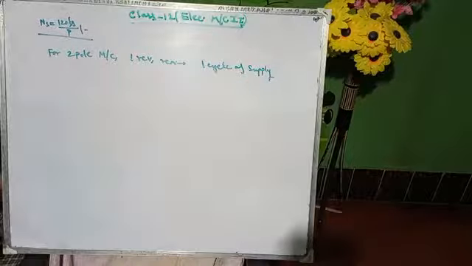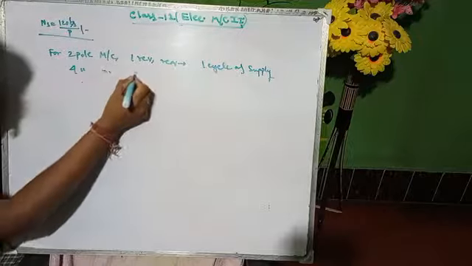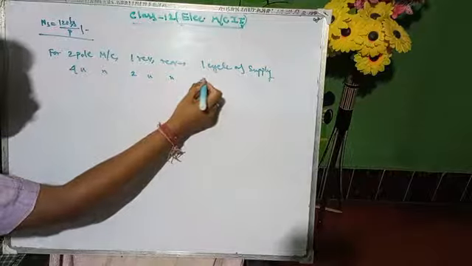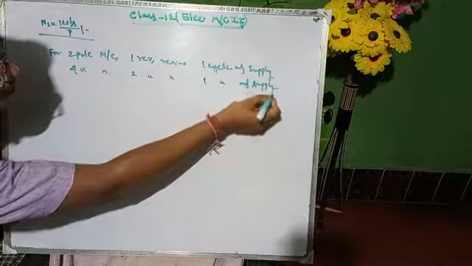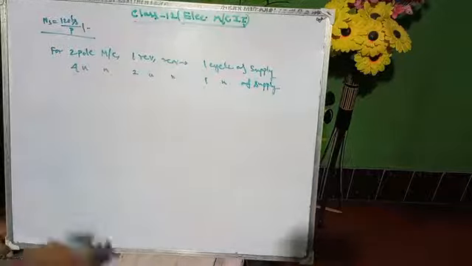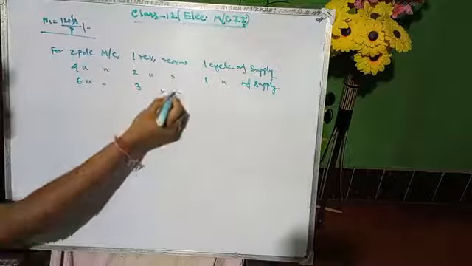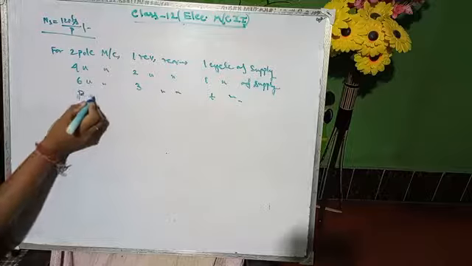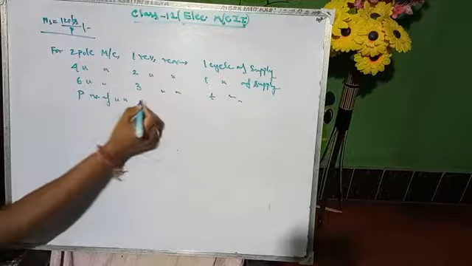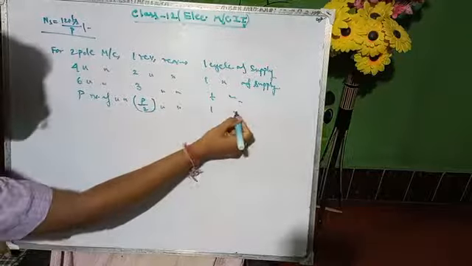Similarly for a 4-pole machine, 2 revolutions are required for 1 cycle of supply. For a 6-pole machine, 3 revolutions are required to complete 1 full cycle of supply. That is, for a P-pole machine, P by 2 revolutions are required for 1 cycle of supply.